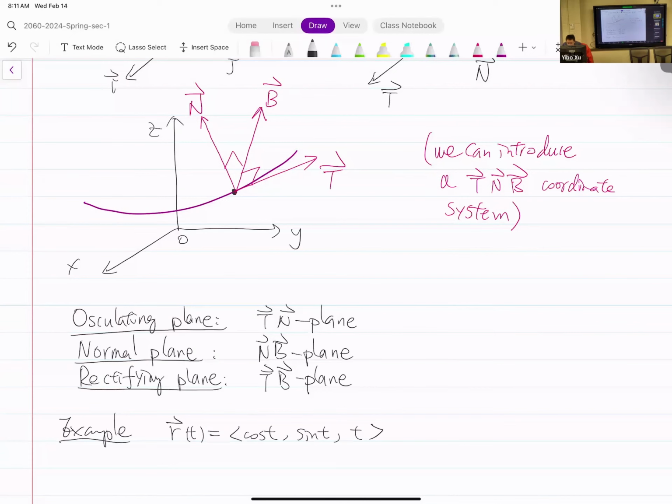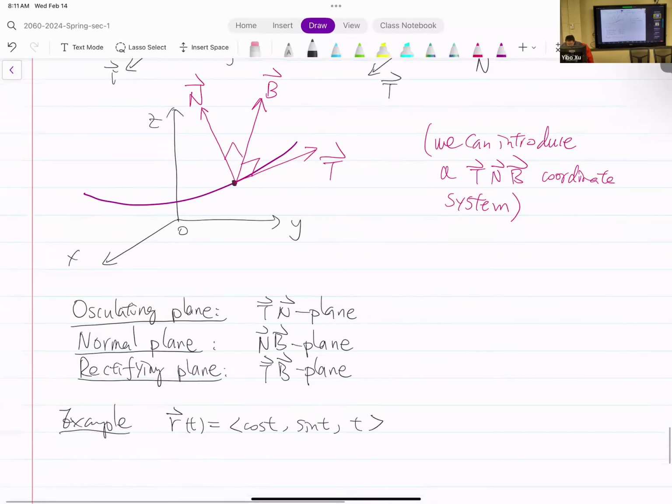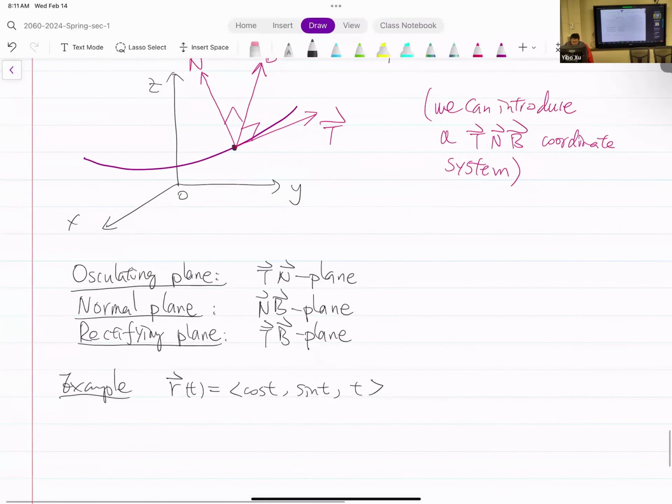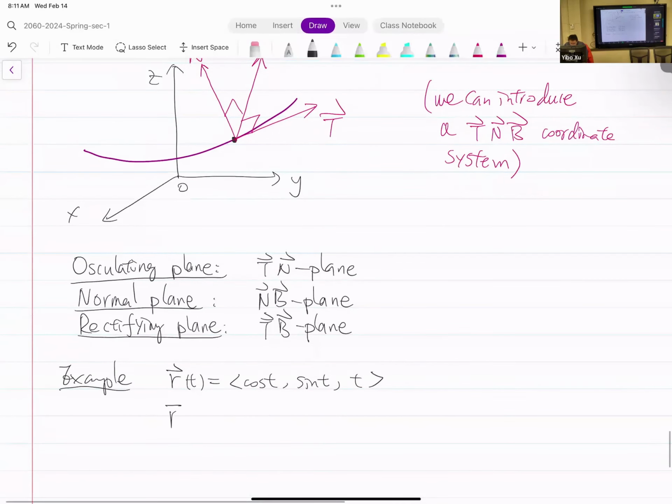Basically here, we just need to realize that we need to get T first, which is the unit tangent direction. And then we take the rate of change and we normalize that again. Okay, and finally for B, we just cross, okay? So that's just going to be the standard process for differentiation.